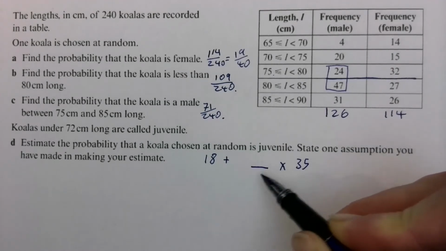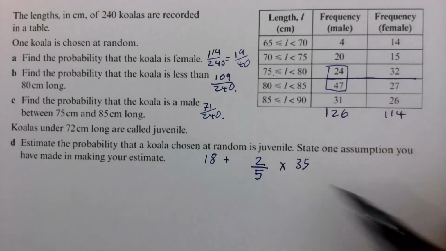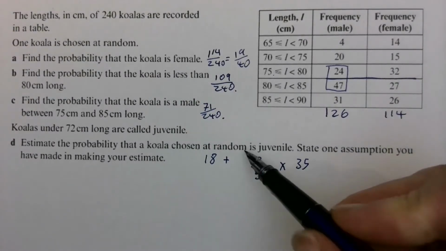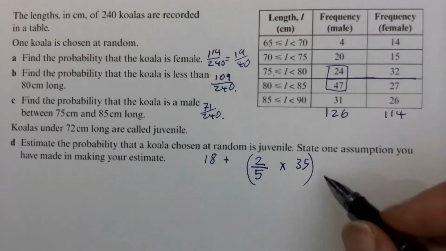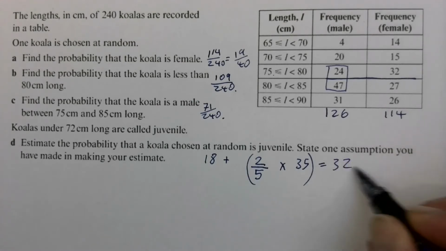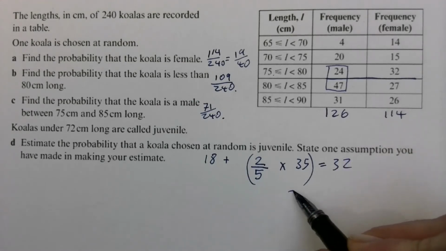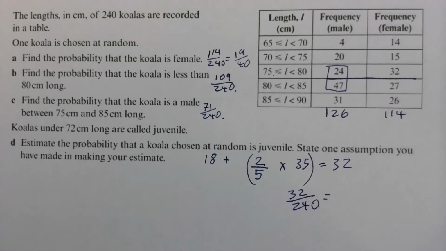The group width is 5, but we only want the first 2/5 of them. So that's what I'm going to whack into my calculator, which gives me 14. So then we're looking at 32 over 240, and that's going to simplify to 2/15.